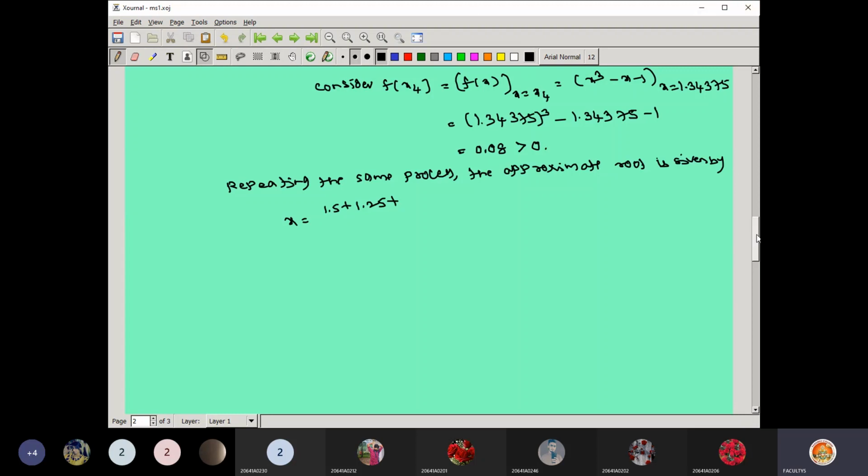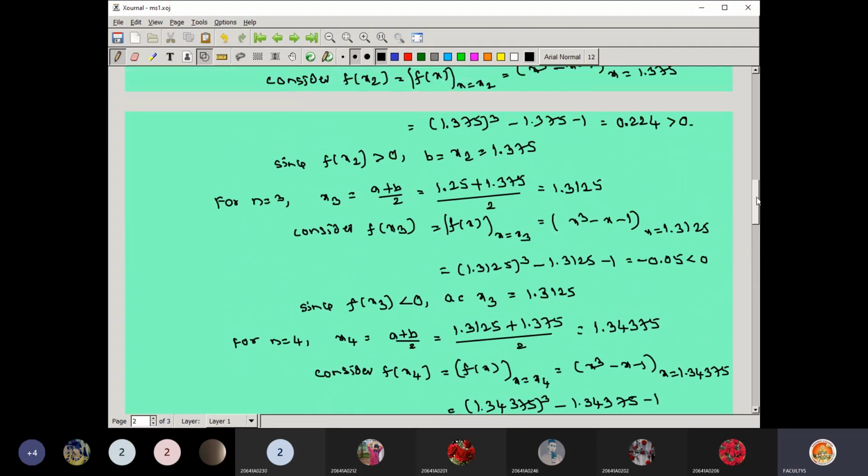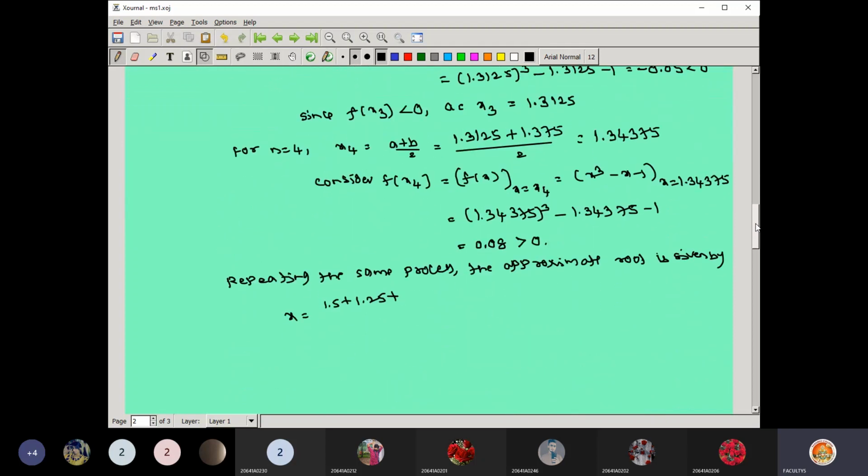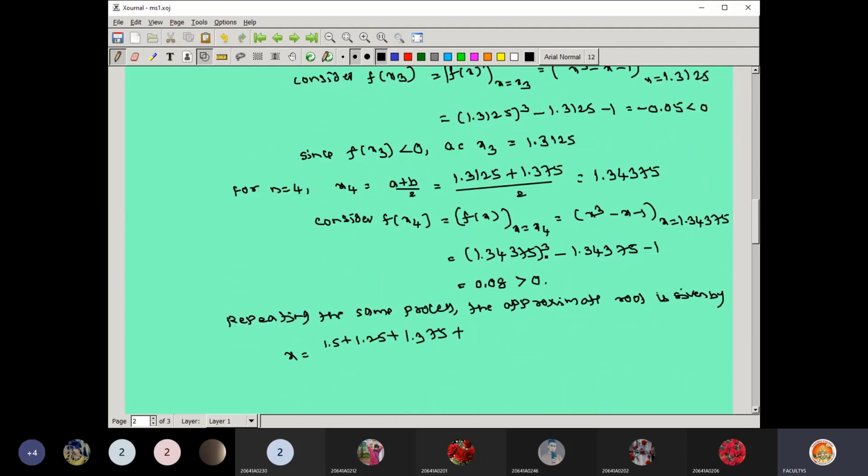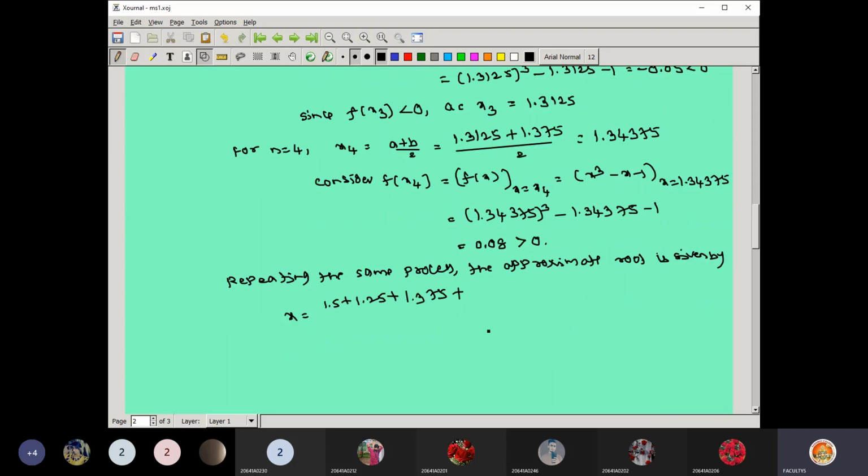Only x values you are writing, don't go for functions. x2 value is 1.375. Next, x3, 1.3125. Next, x4, 1.34375. Overall, it is divided by 5 approximate roots.